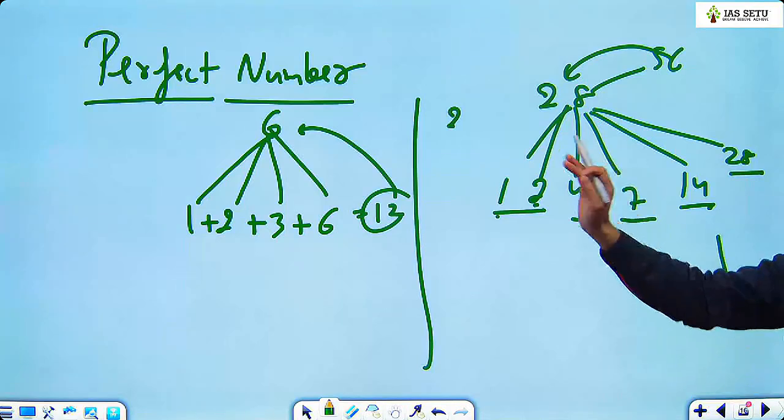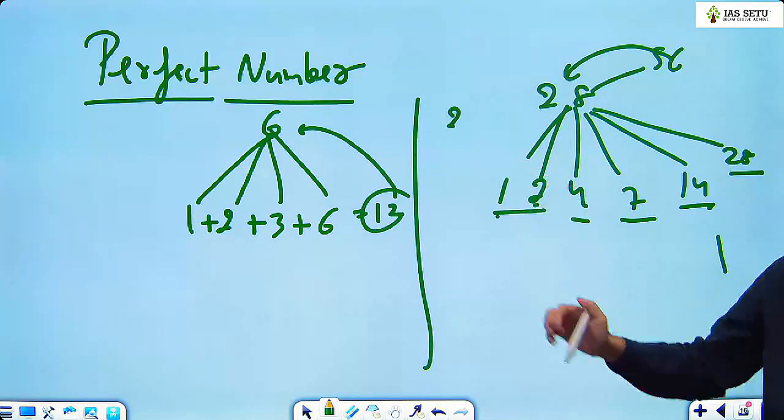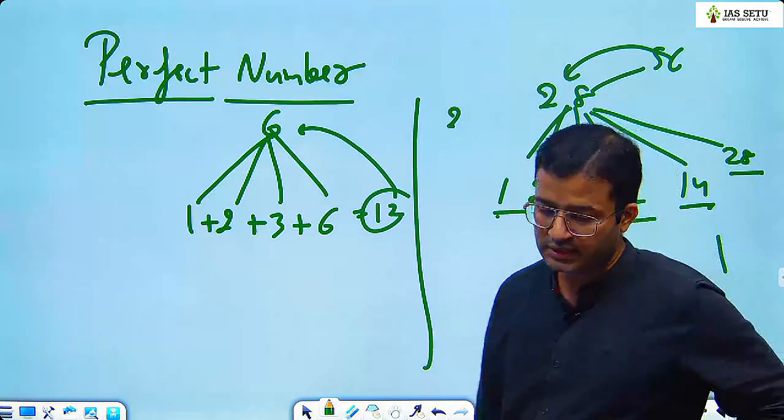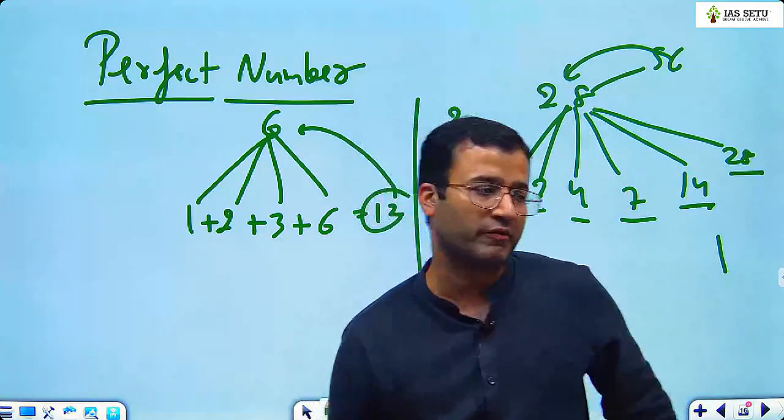So you put heading perfect number, write two examples of perfect number, 6 and 28. 6 is a perfect number, 28 is also a perfect number.